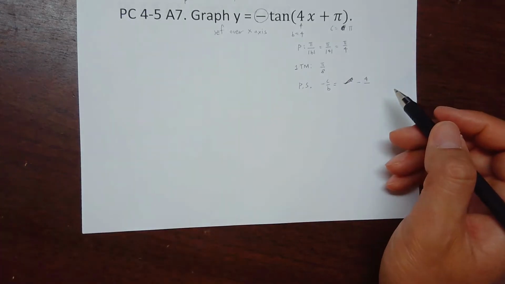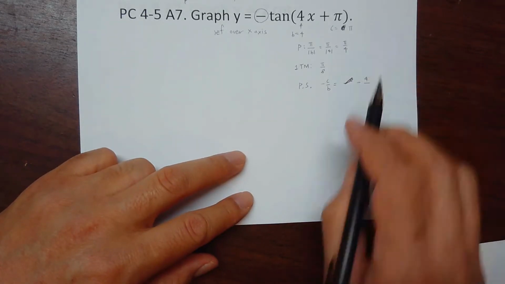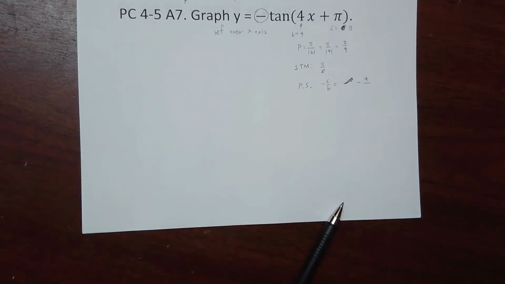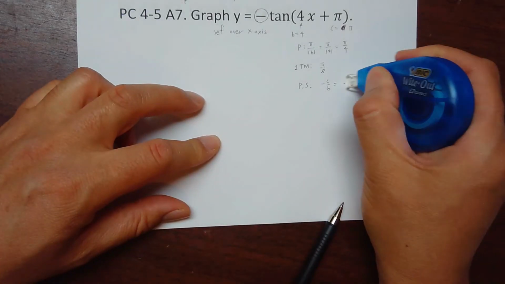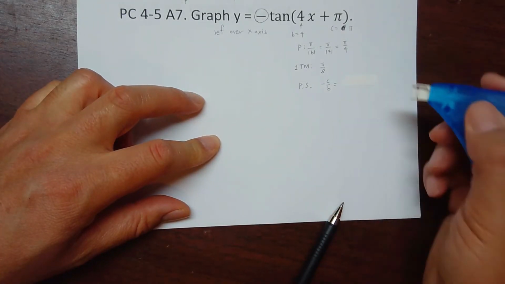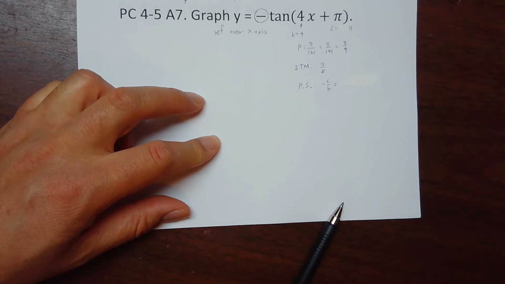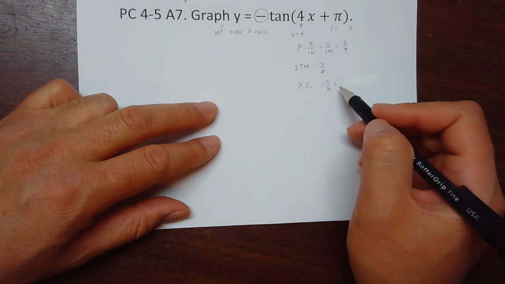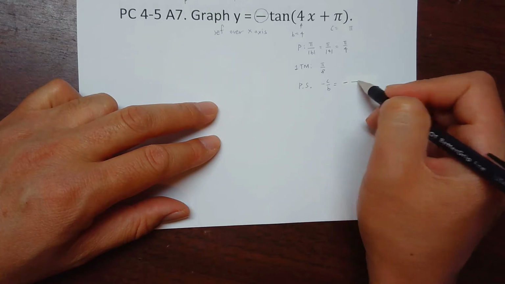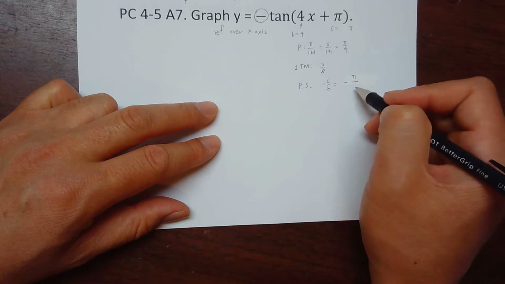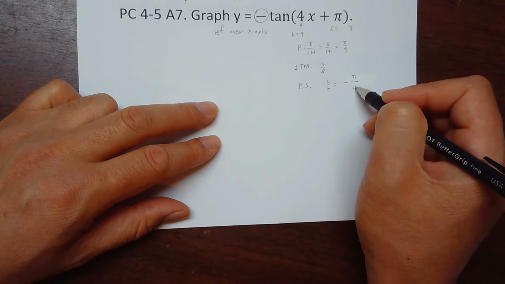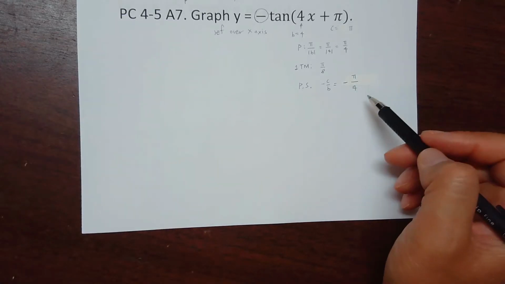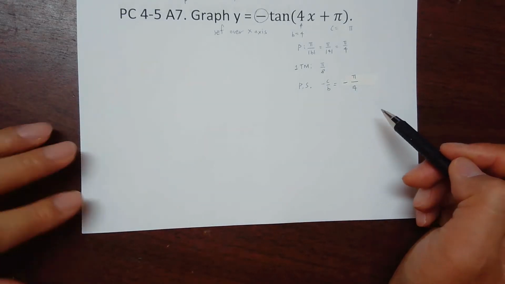So the phase shift is minus c over b, so it will be minus c, which is pi, over b equal to 4. So the phase shift is minus pi fourth, meaning we are going to move left by pi fourth.